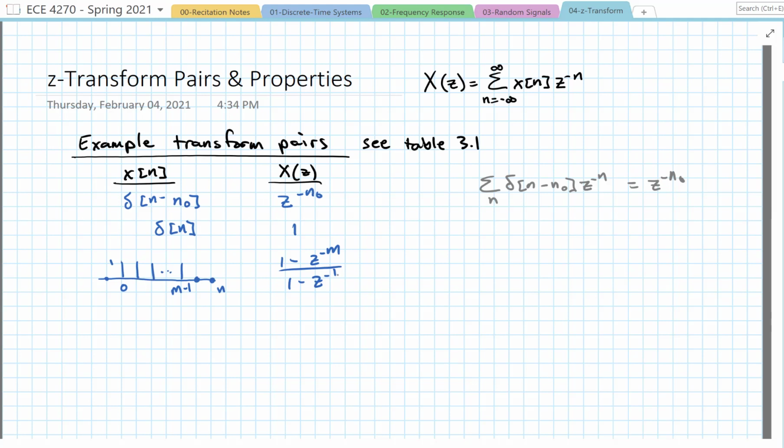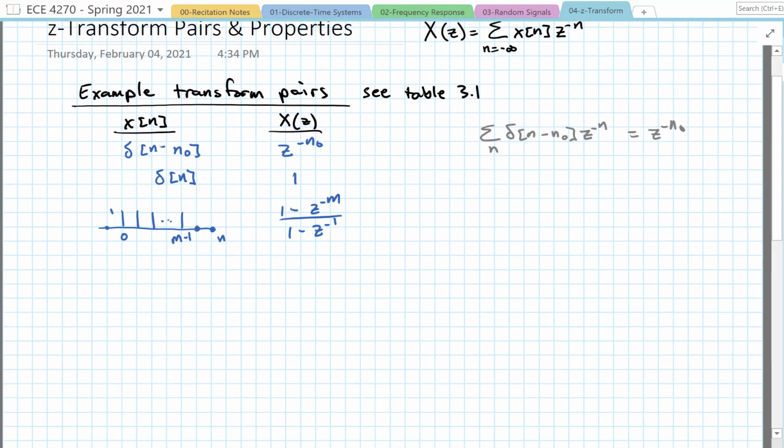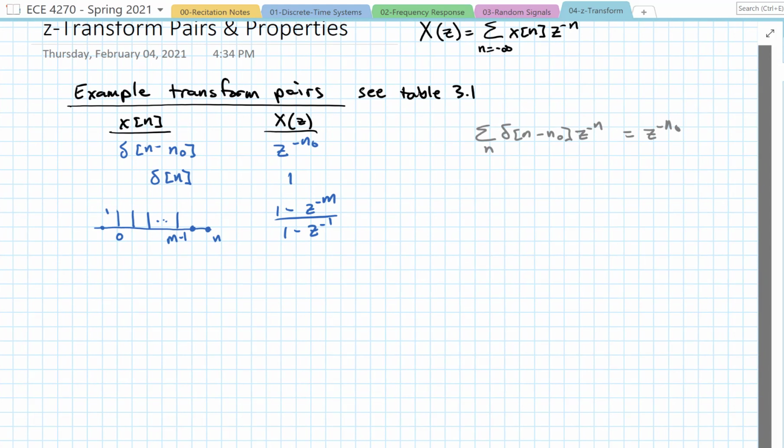Now obviously for this we can't have z equal to 0. That would be outside the region of convergence, because if z was equal to 0, z to the negative m would be infinity to the mth power.